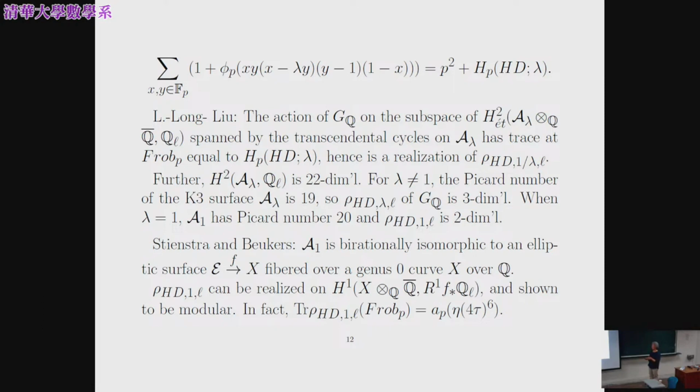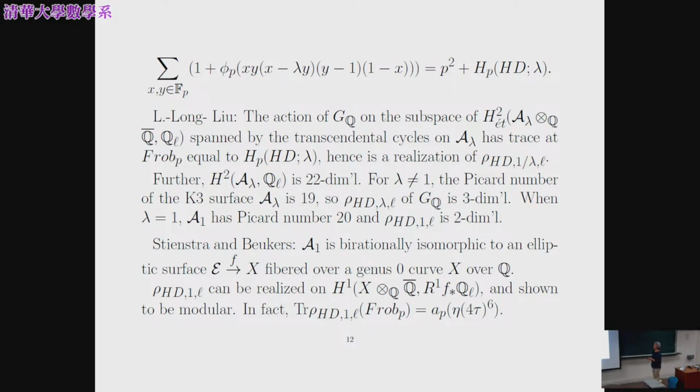So the transcendental piece has 1 dimension less, so the representation is 2-dimensional. So this gives us a very concrete geometric realization of the CATS representation, which originally was defined in terms of the hypergeometric sheaf. But in this case, we see where it is realized geometrically. This is coming from the transcendental cycle sitting inside H2 of this K3 surface.